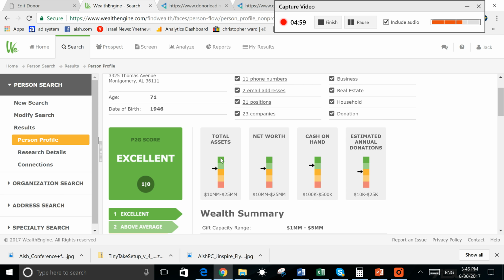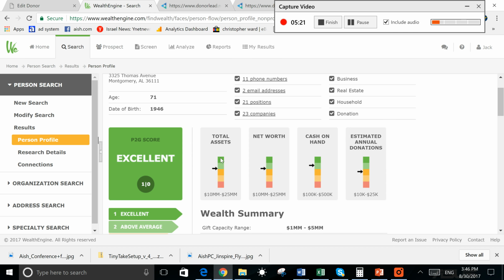His company, I believe, is a private company, so you don't know exactly what his holdings are in it or how much the company is necessarily worth, as opposed to someone who might be the chairman of the board of a publicly traded company, and you might know exactly what his annual income is. But we do have the research details.